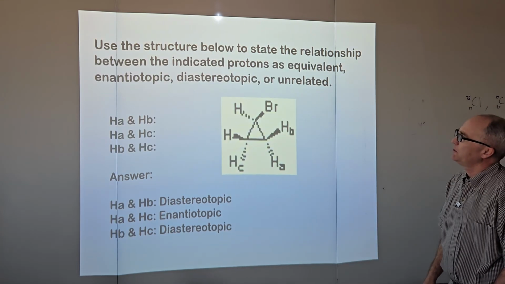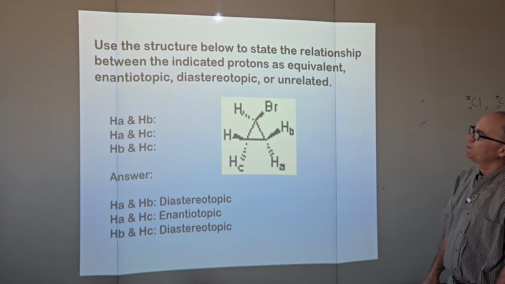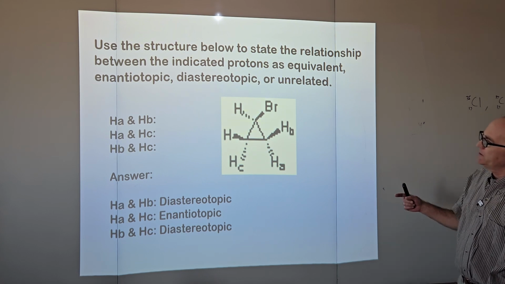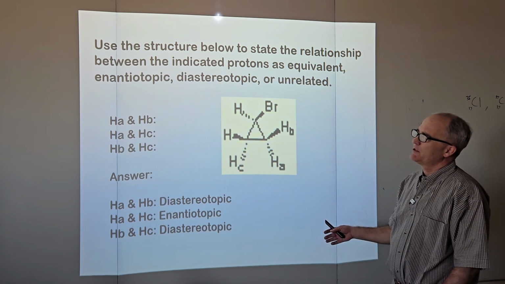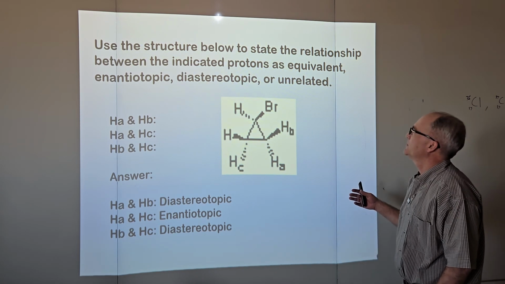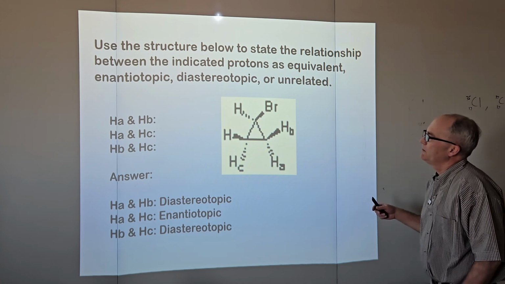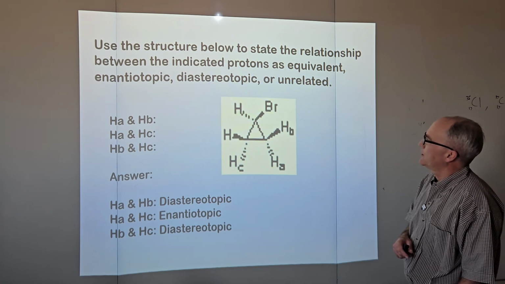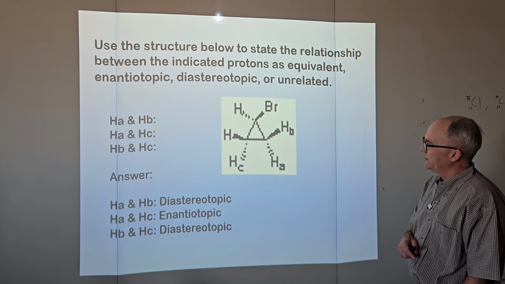Use the structure below to state the relationships between the indicated protons as equivalent, which if we back up a bunch of slides, homotopic would be a synonym for equivalent, but we have enantiotopic and diastereotopic, or unrelated.